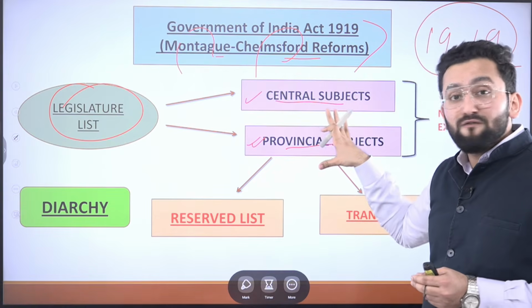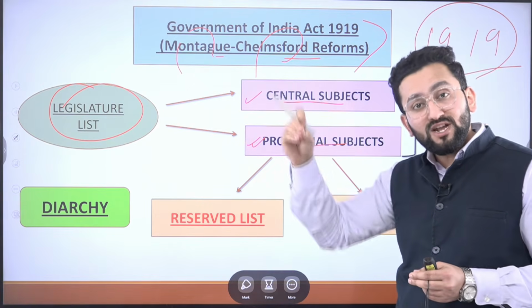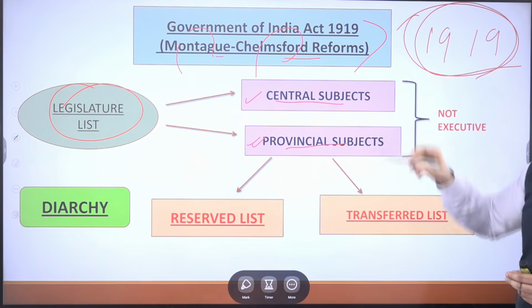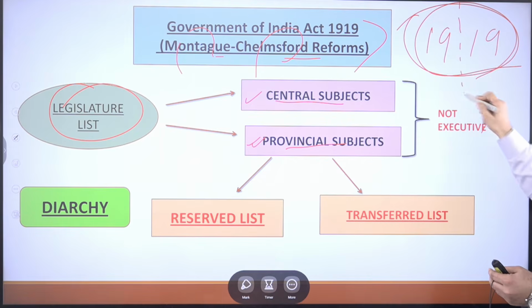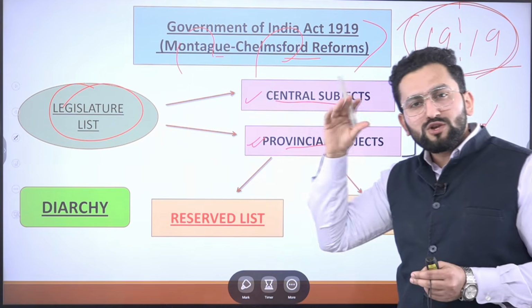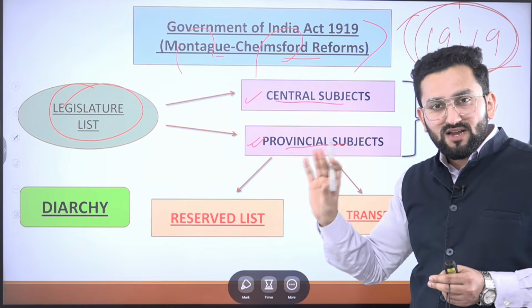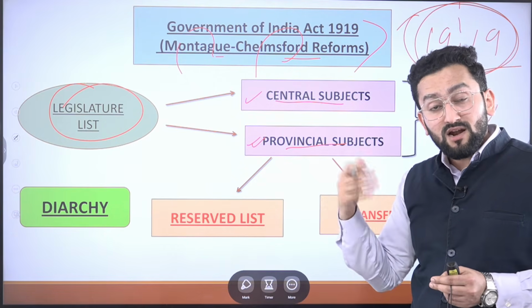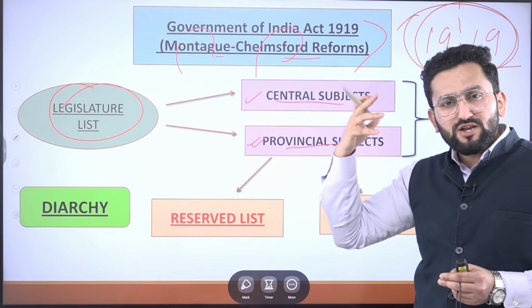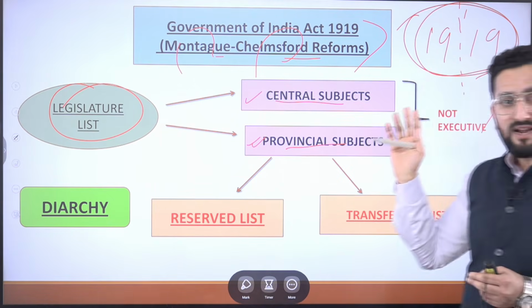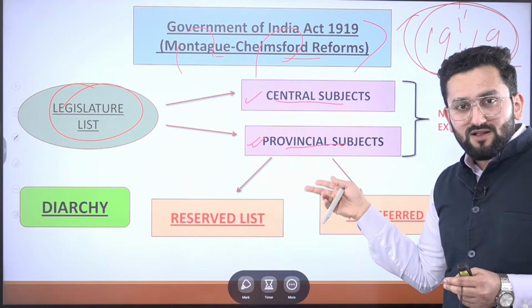So this idea of categorization of subjects between union and state, where did it emerge? 1919. You can use your pictographic memory. Understanding is one way, and another is to associate with some picture. Okay, 1919, there was division happening, right? In this way, you can remember this.